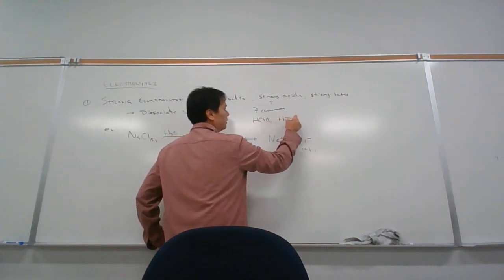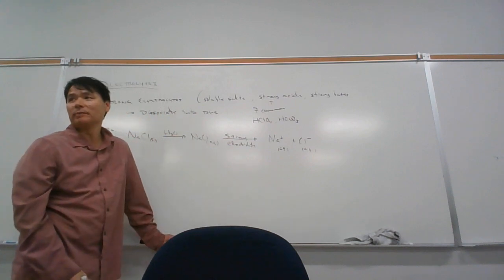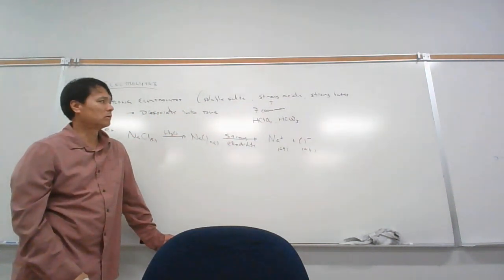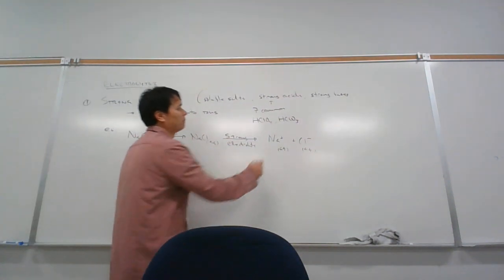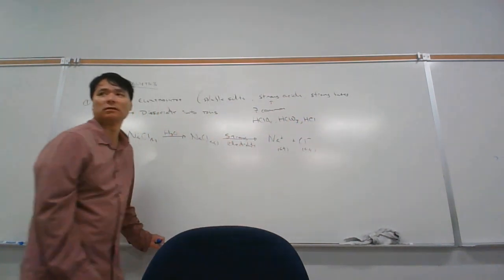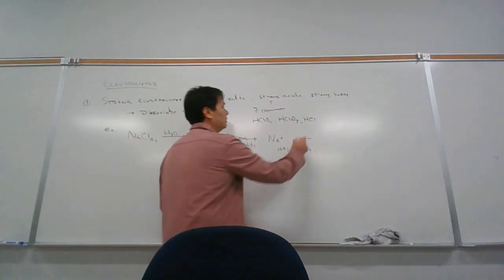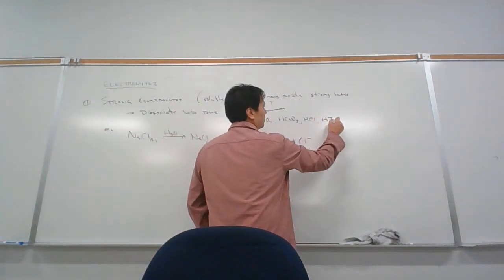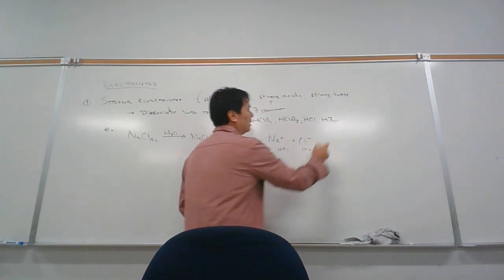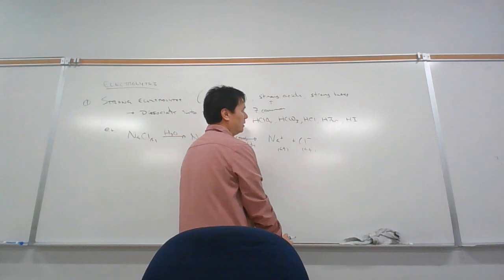HClO3 is chlorate, which makes chloric acid. HCl is called hydrochloric acid. HBr, hydrobromic acid. HI, hydroiodic acid.